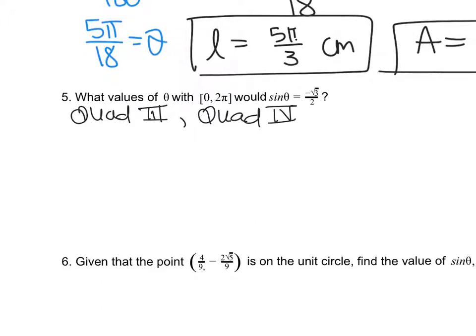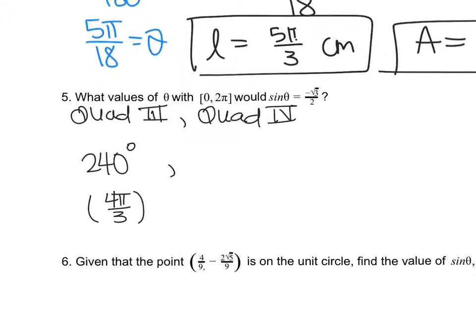So in quadrant 3, we want to figure out what point has a y value of negative square root 3 over 2, since sine is always the y coordinate. And that happens at 240 degrees, or if you use radian measures, 4 pi over 3 radians.